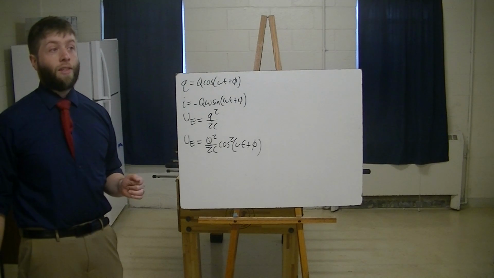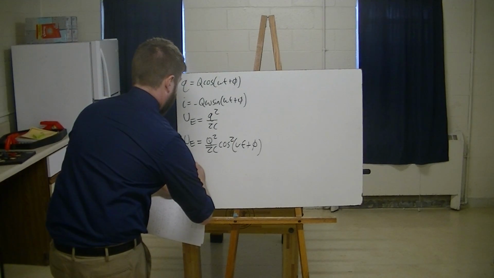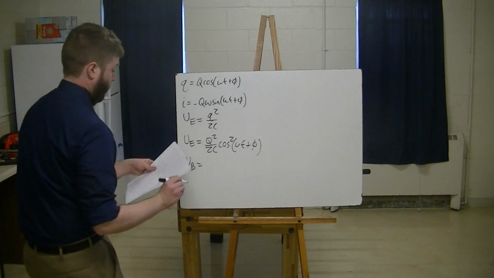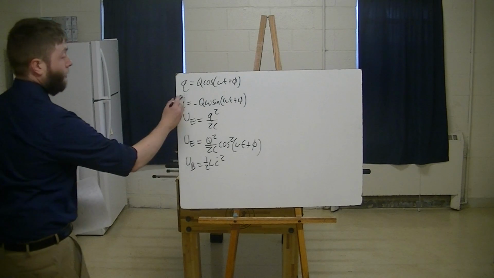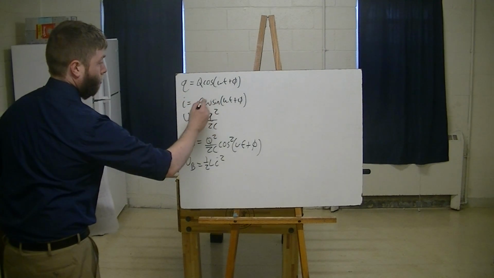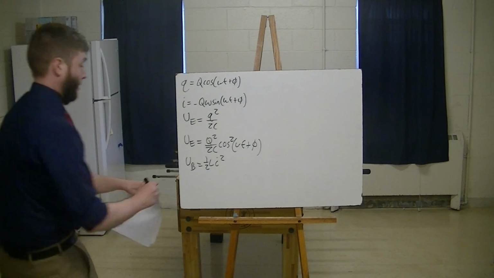Now I've got to do the exact same thing for the magnetic field. The energy inside of the inductor, we said before, was 1/2 L i squared. So now I've got to put this i right here into the energy inside of the magnetic field.